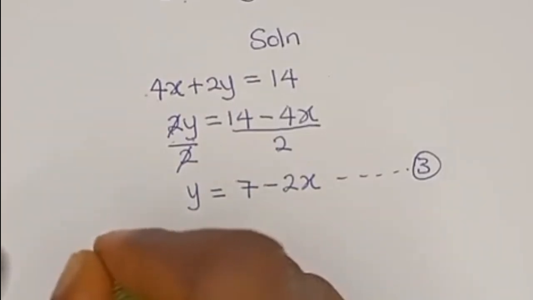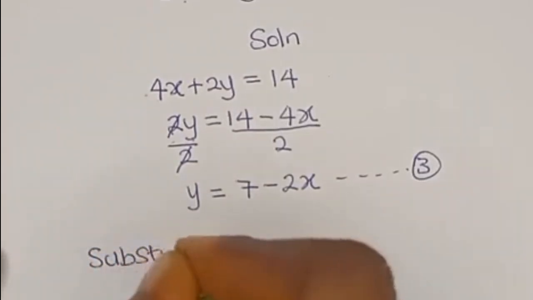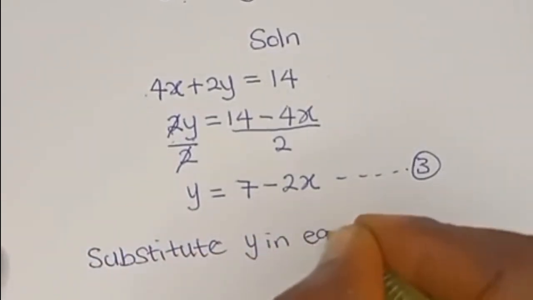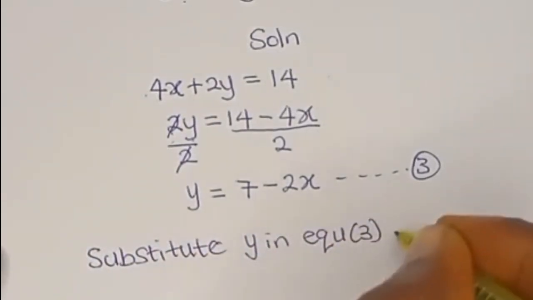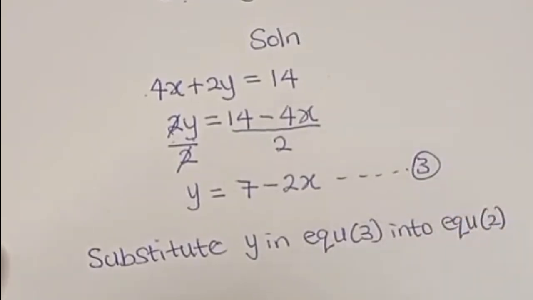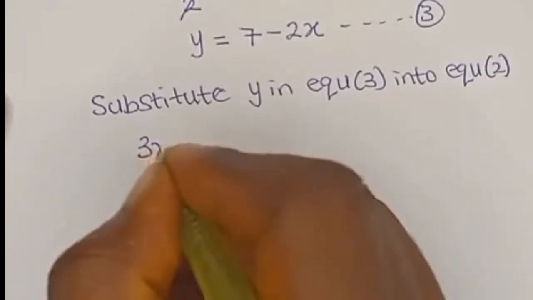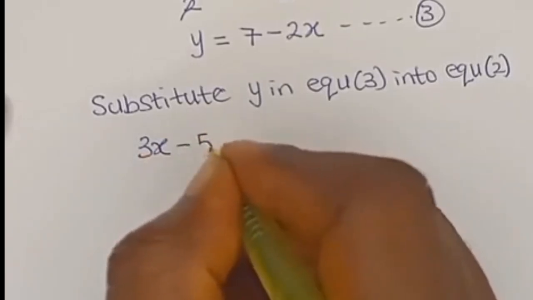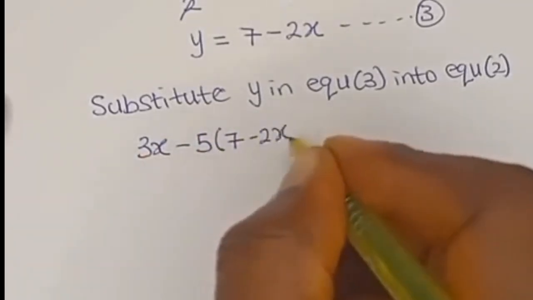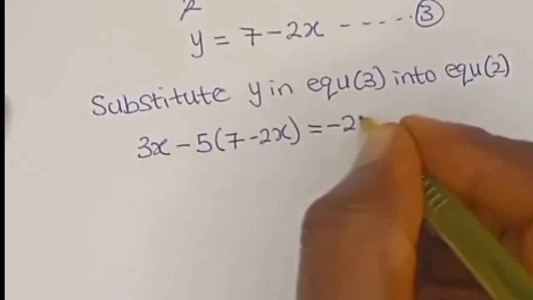Substitute y in equation 3 into equation 2. Okay, so we are going to have 3x minus 5, and instead of y, we are going to have 7 minus 2x is equal to minus 22.